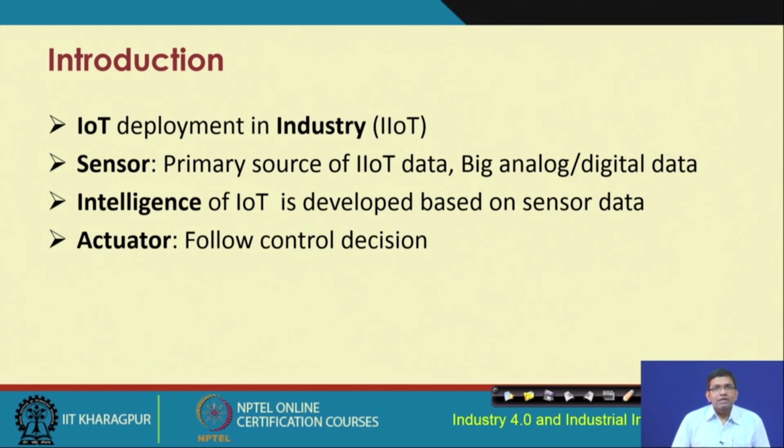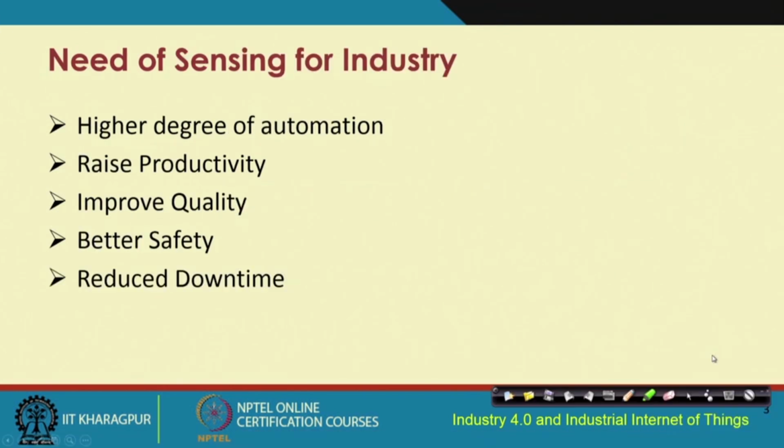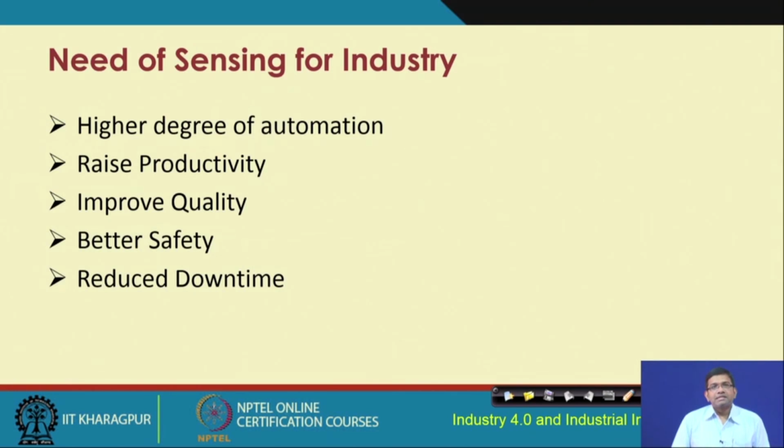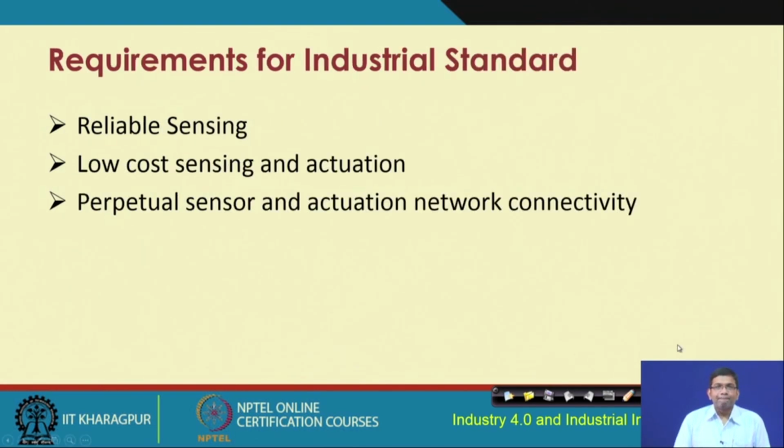Some real time actuation can also be done, and this actuation can be done following control decisions. So, there is a need of sensing for the industry, and the sensors that are used in the industry should help in promoting a higher degree of automation, raising the productivity, improving the quality of these different products and the quality of the processes used for manufacturing, improving the overall safety and reducing the downtime of the machinery.